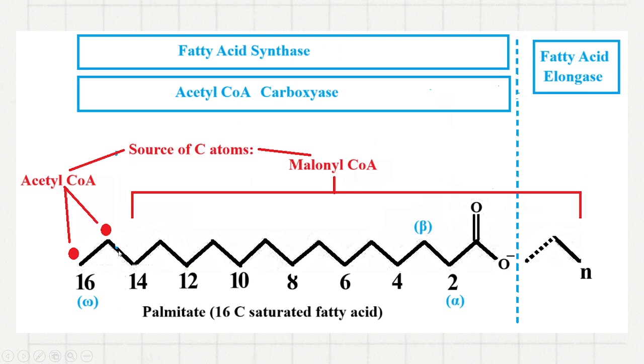The rest of the carbon atoms will come from malonyl-CoA as a substrate, and any further additions or elongation of the lipid up to n number of carbon atoms also come from malonyl-CoA as a substrate, and they will be added by fatty acid elongase.